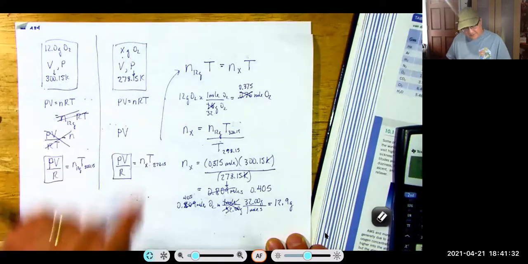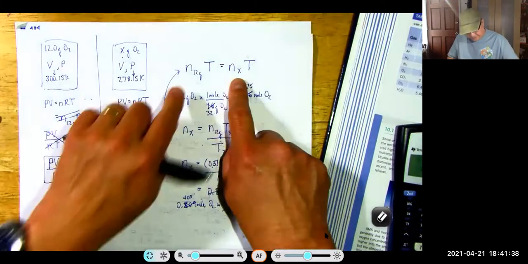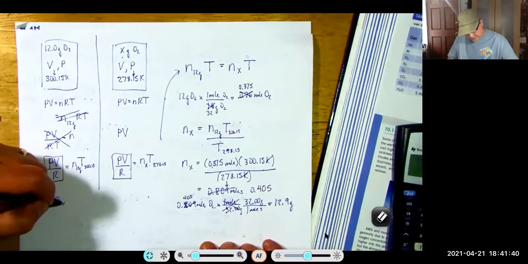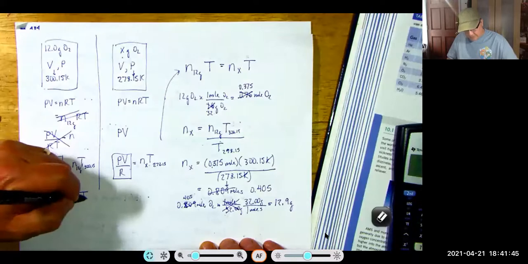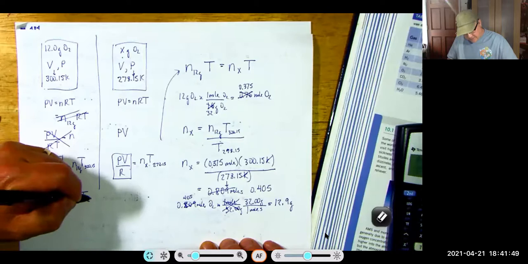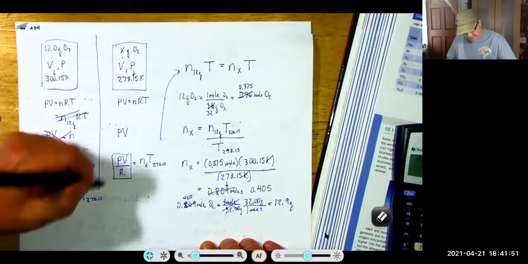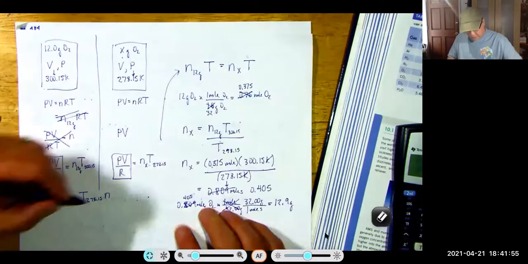temperature has decreased. Now, an interesting thing here, though, is that when you take a look at the moles of X, it's equal to N at 12 grams times 278.15, or actually, I'm screwing this up.